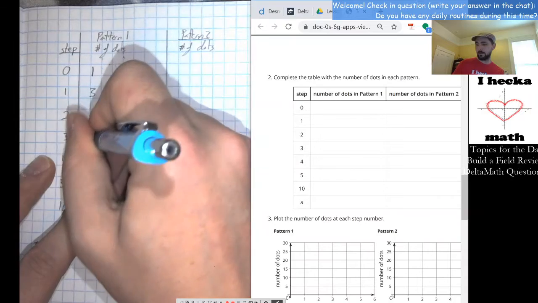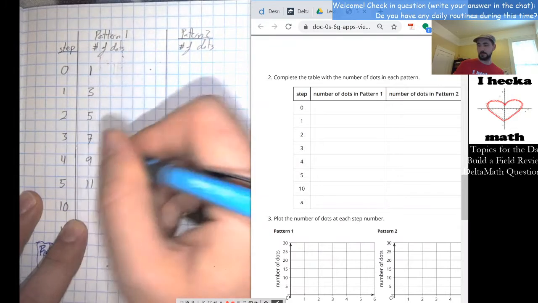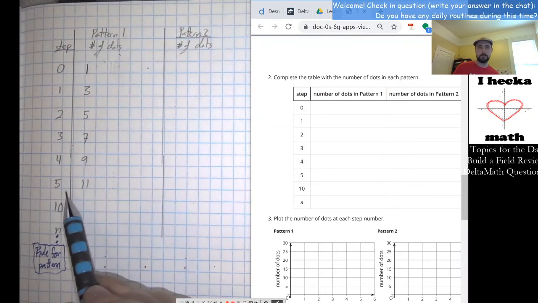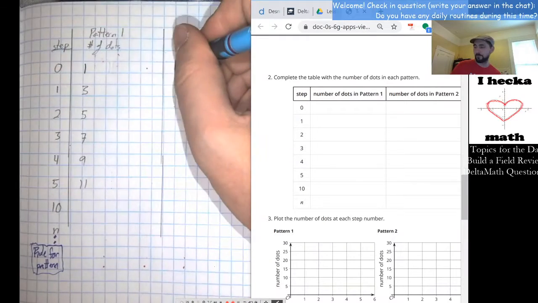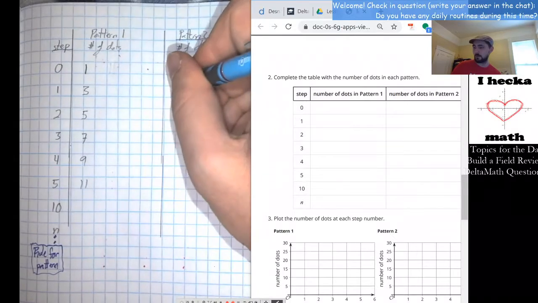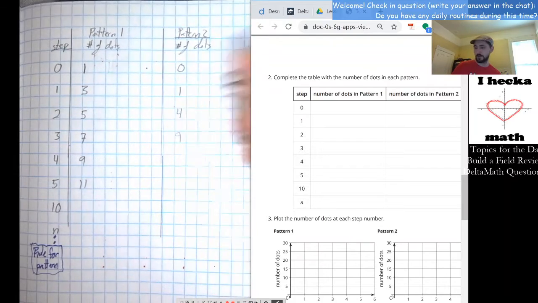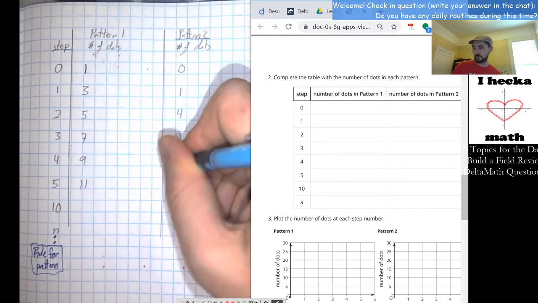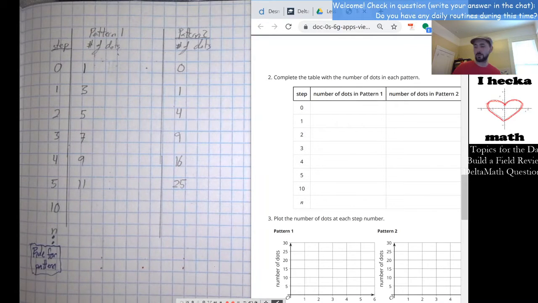And then 5, and 7, and 9, and 11. The jump from step 5 to step 10 is going to be more, and this N is going to be more as well. So I'm going to hold off on that. Pattern 2: step 0, step 1 was 1, 4, 9, 16, 25.